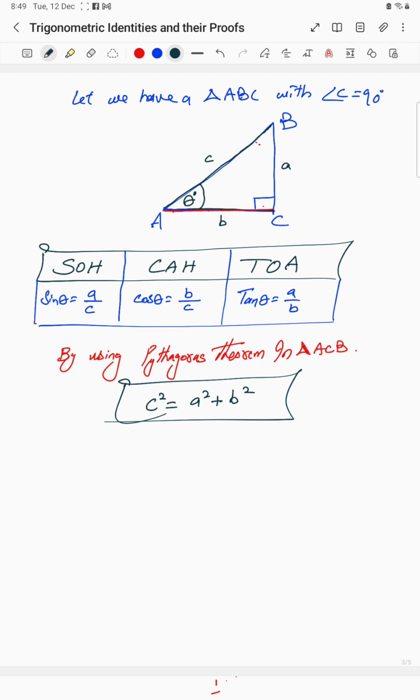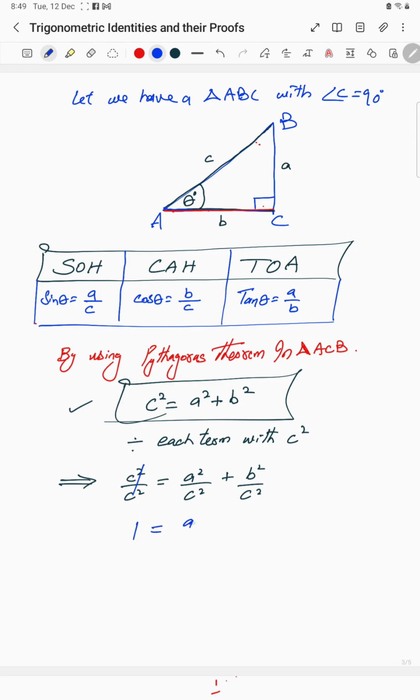So here, if you divide each term by C square, what will you get? C square over C square is equal to A square over C square plus B square over C square. The cancellation takes place, so 1 is equal to A square over C square plus B square over C square, or you can write this as A over C whole square plus B over C whole square, equal to 1.